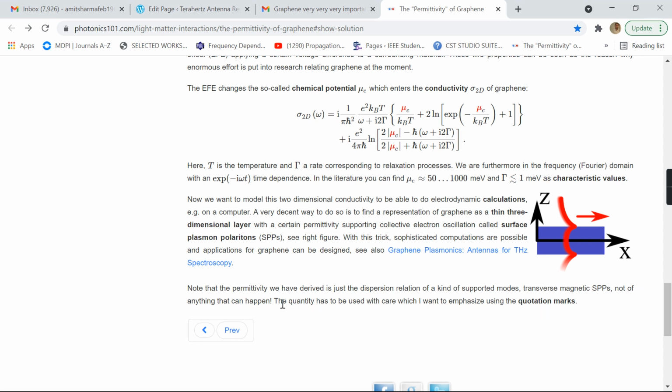They have given some warning also. After this analysis, note that the permittivity we have derived is just the dispersion relation of a kind of supported modes. They are saying that the permittivity value they have derived is just a form of the dispersion relation of graphene for supported modes and transverse magnetic SPPs, not of anything that can happen. So they say that it's just a hypothesis, or an experiment one can say.